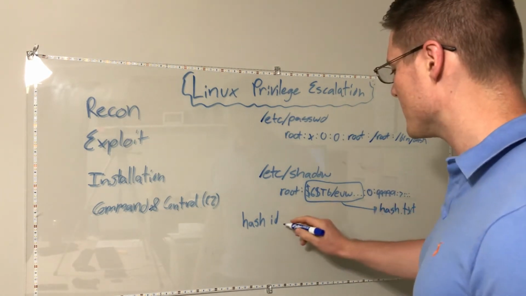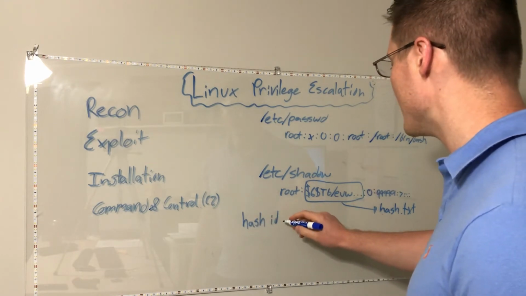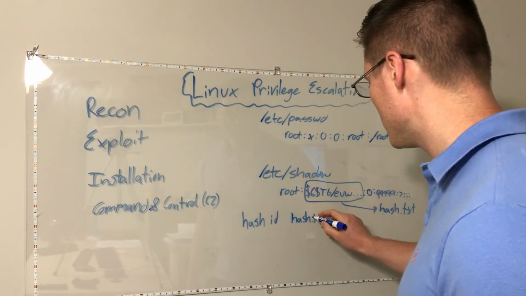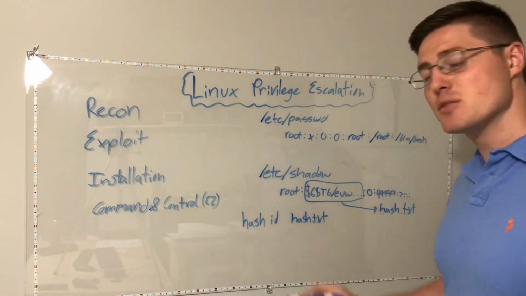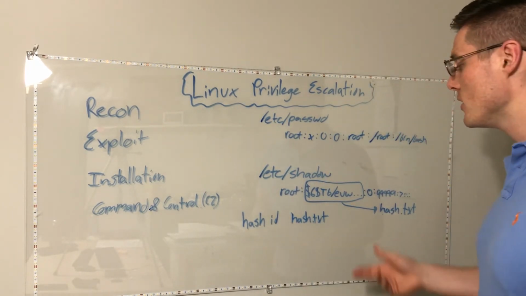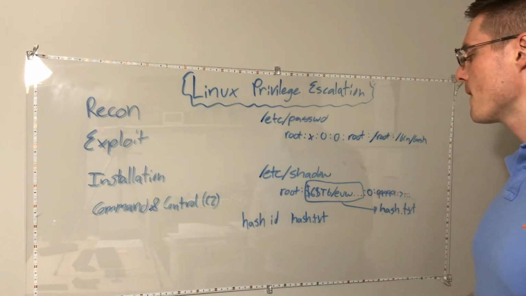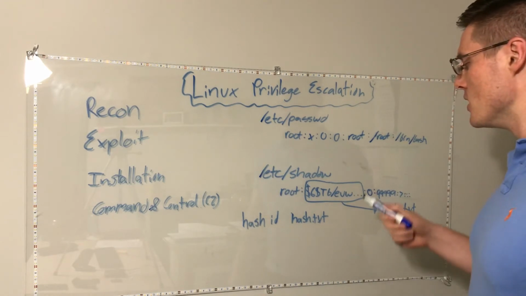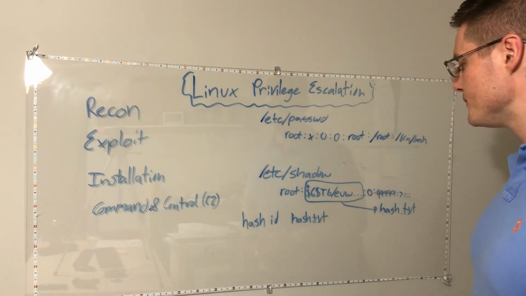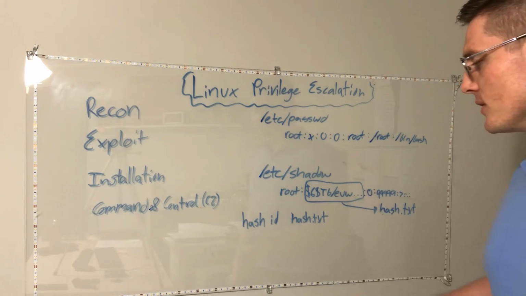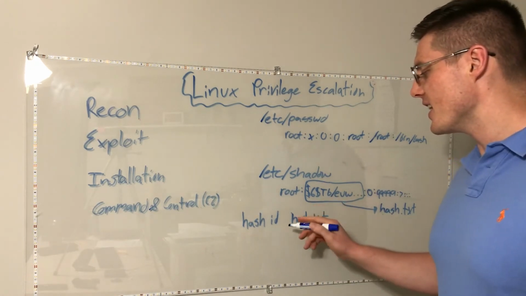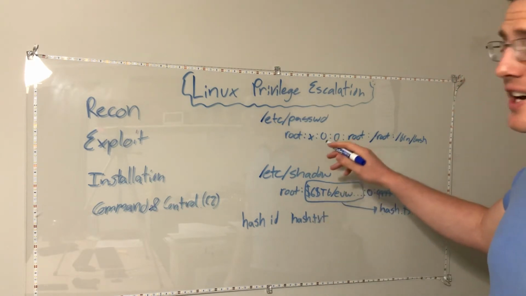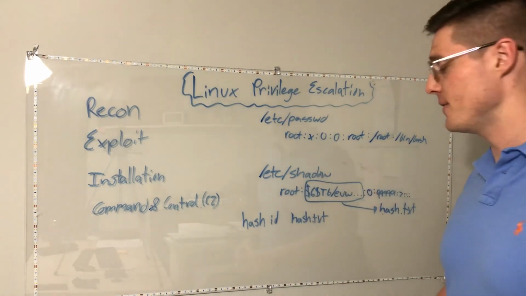This hash text is then passed to the hashID program. And it spits out an output on what encryption or what hashing algorithm was actually used. So in this scenario, we're looking at SHA, and hashID will be able to determine which one it is that you then can pass to John the Ripper or Hashcat.